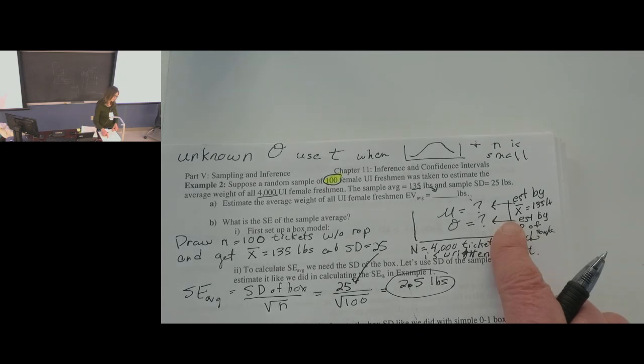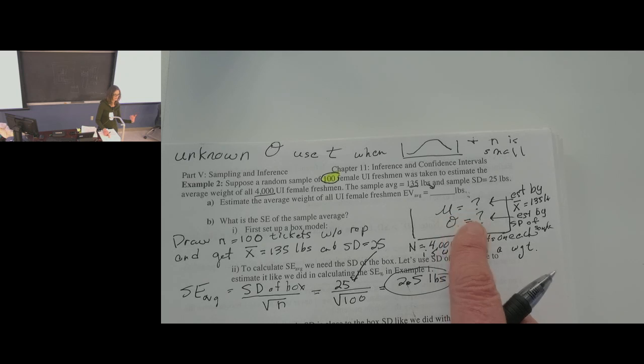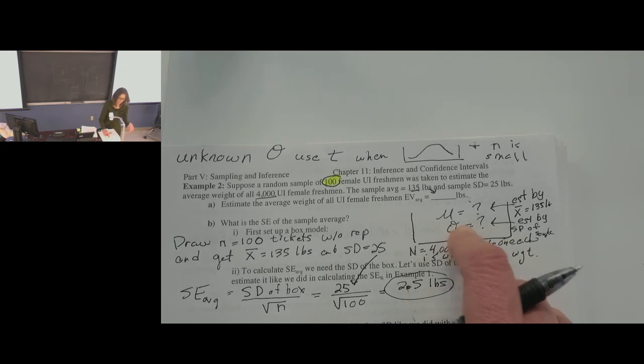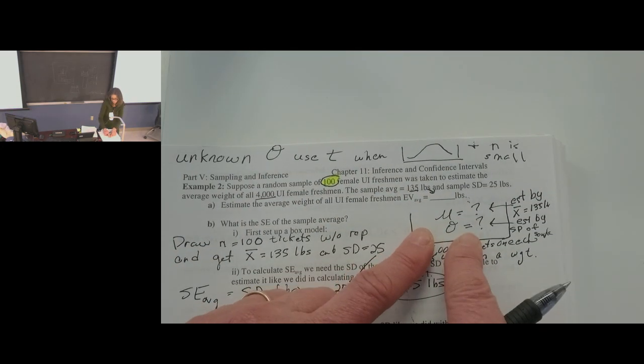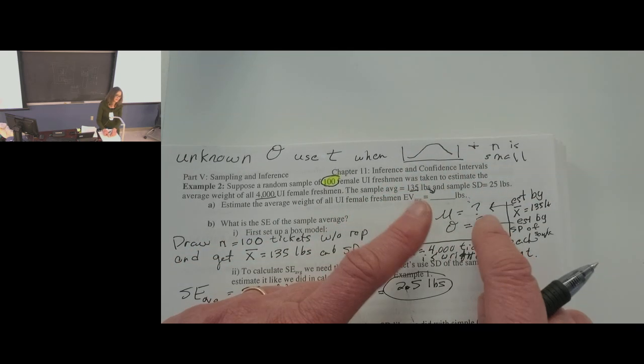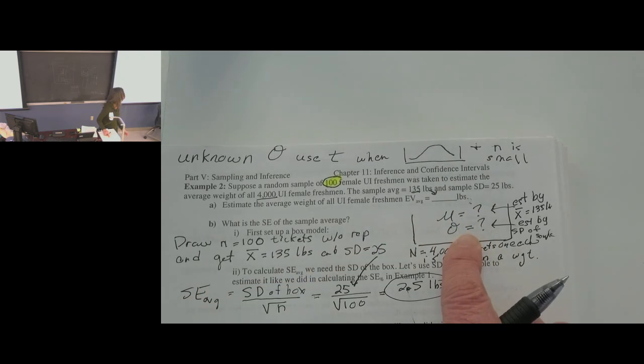If you know sigma and you know inside here is normal, you know the average and the standard deviation, even if you took a sample of 1 or 2, it's going to be normal because it's normal in here and you know what the distribution is. But if it's normal inside here and you don't know sigma, then it's actually a beautiful thing you can prove. The sample average follows something called a t-distribution.